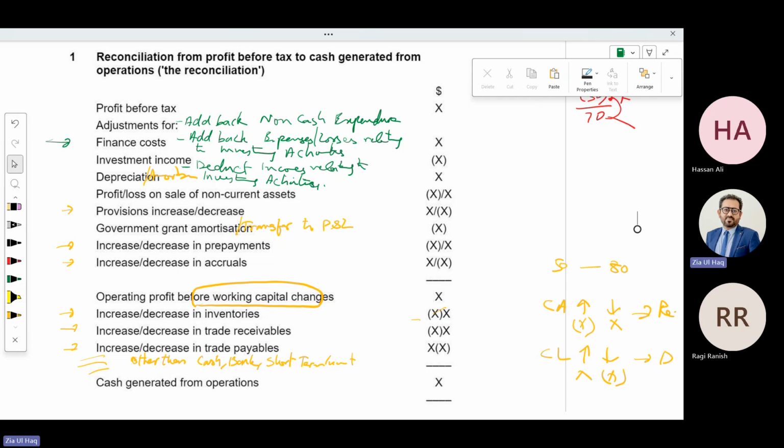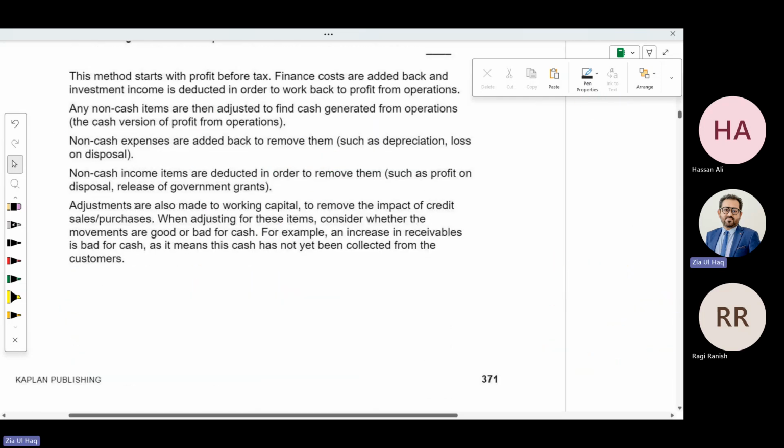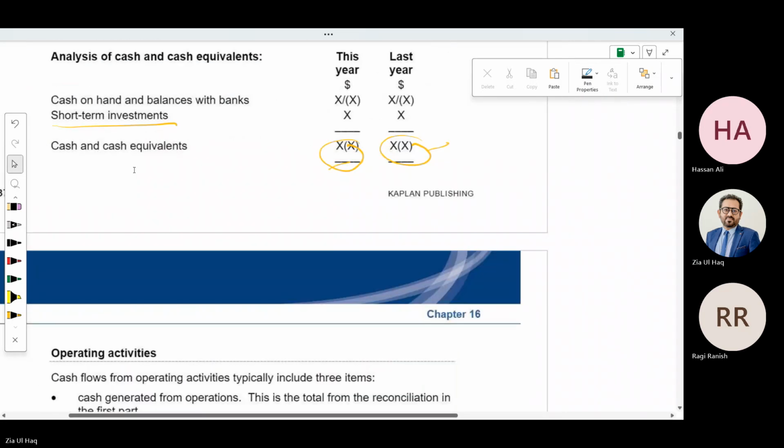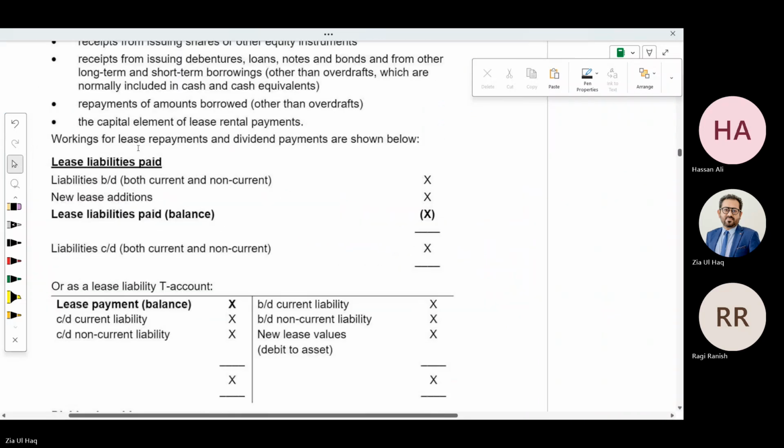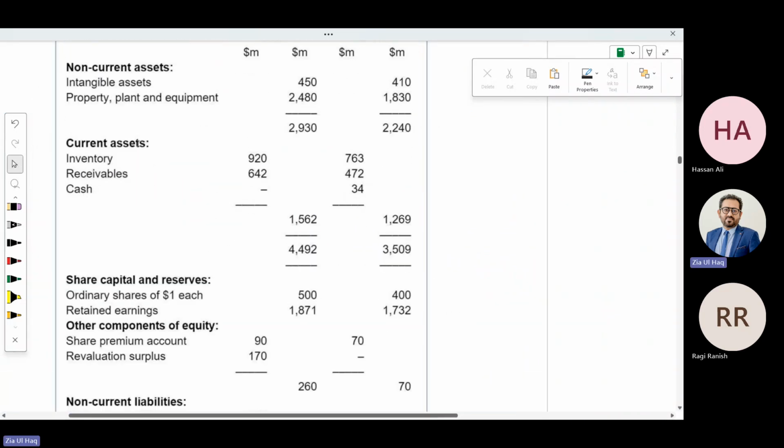So let's move towards solving this question. Where was the question? So we need to prepare a cash flow statement.